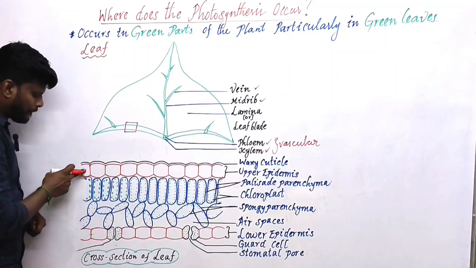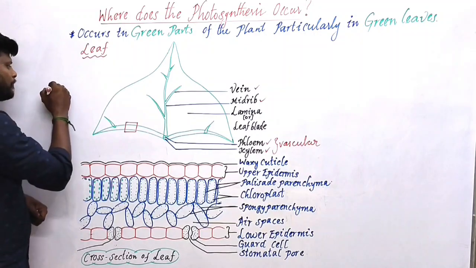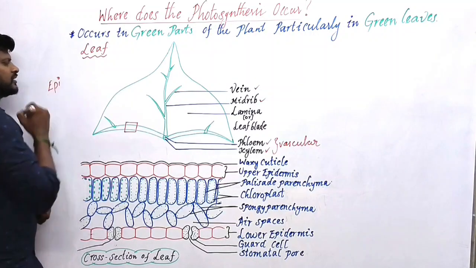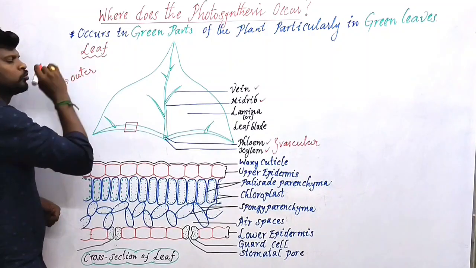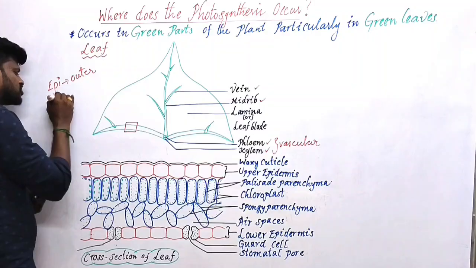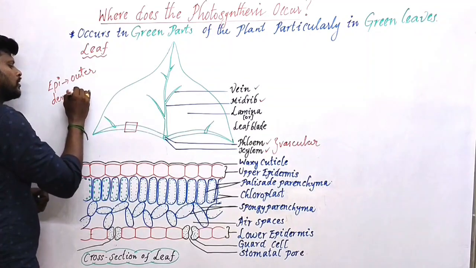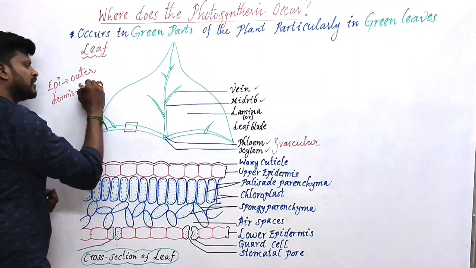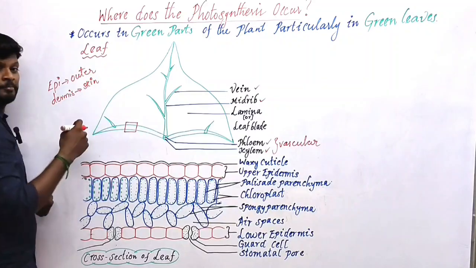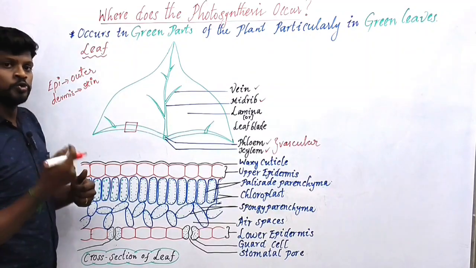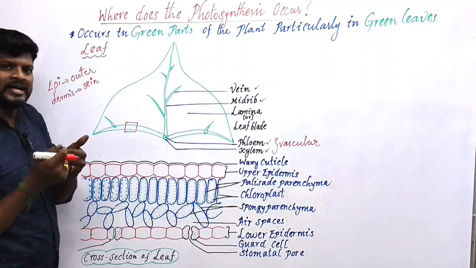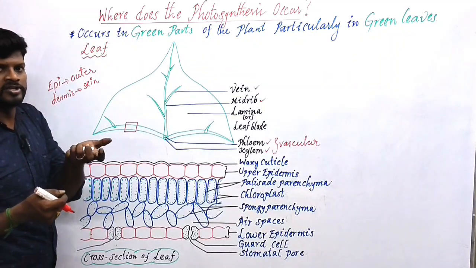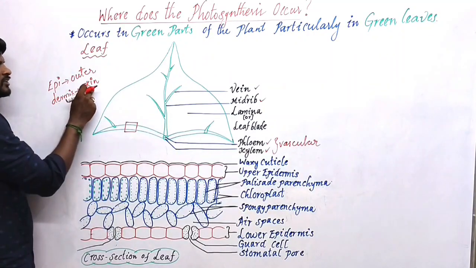So this is the upper epidermis. Epidermis: the word epi means outer. The word dermis means skin. See, the doctor who is a specialist in skin diseases, we call him a dermatologist. In such a way, dermis is nothing but skin.